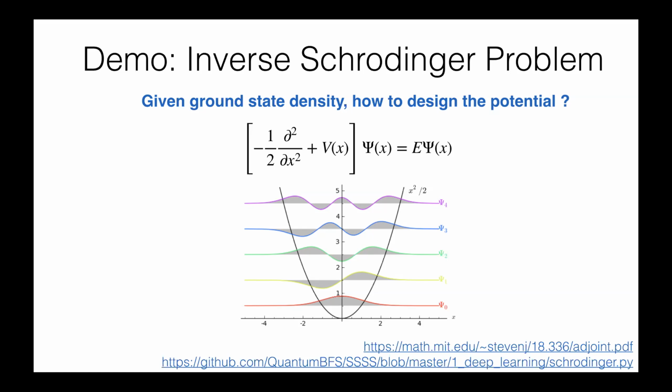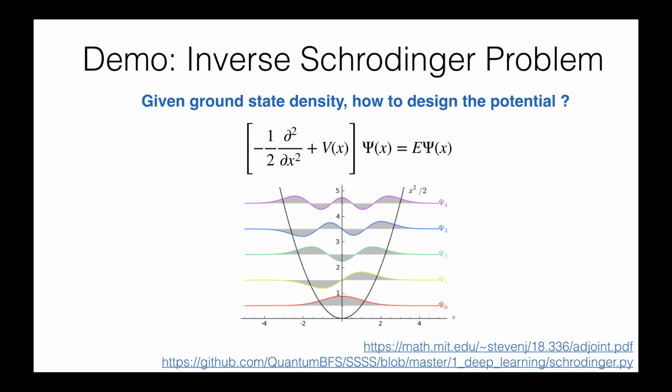And I write the process of solving the Schrodinger equation like the forward procedure of a neural network. So the input is the potential, the output is the ground state wave function. And then just like in a machine learning script, we have an optimizer and a loss function. That is going to be the difference between the density produced by this model and the target density.